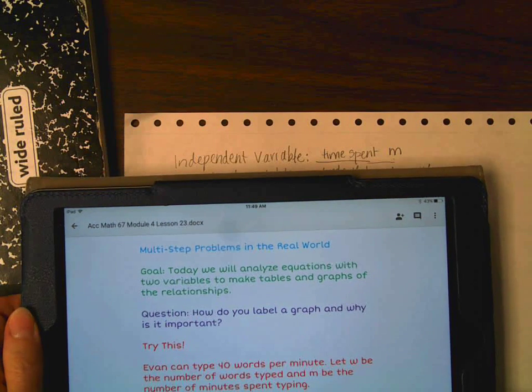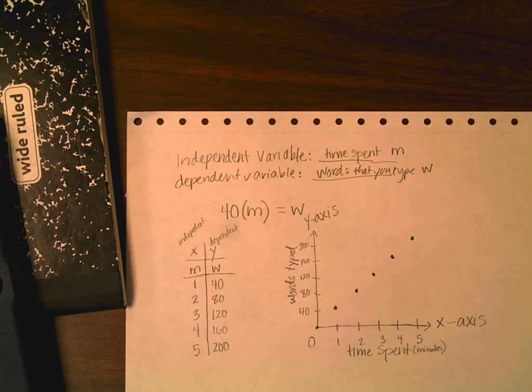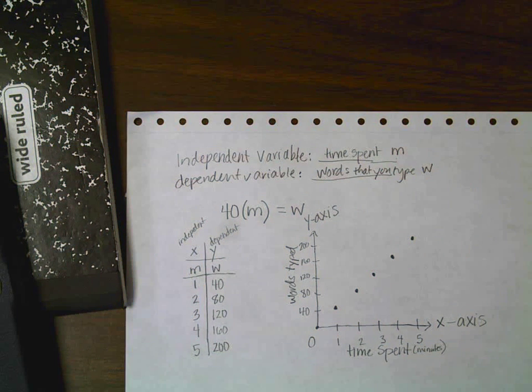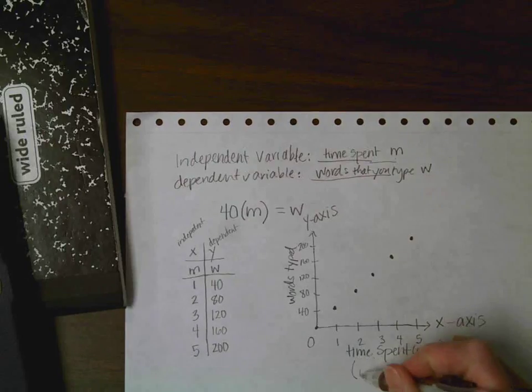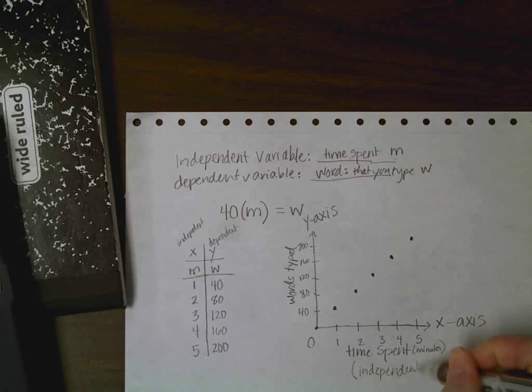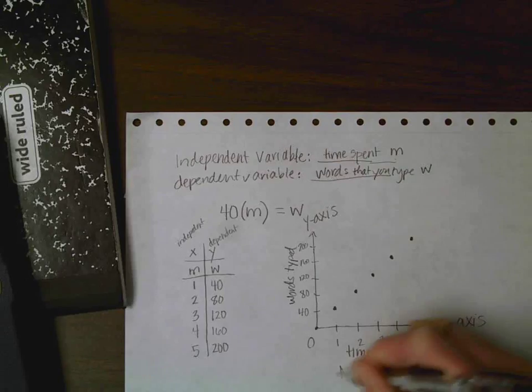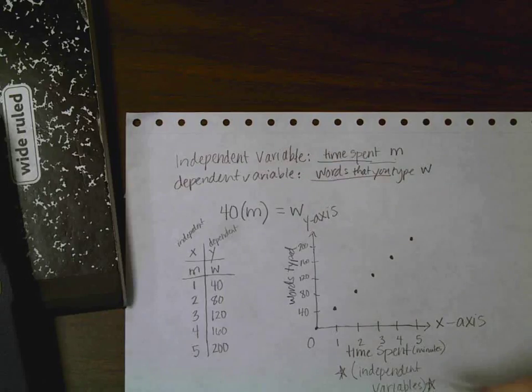Okay, so now let's go back to our question that I asked you at the very beginning of the lesson. It says, how do you label the graph and why is it important? How did we label our graph? We make sure that our independent variable is always, you need to write this down or remember it, always, always, always, the independent is always the x.